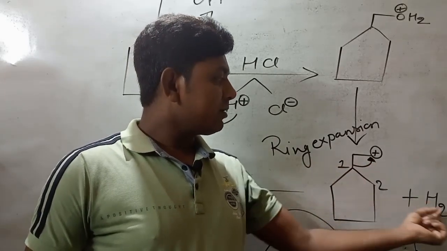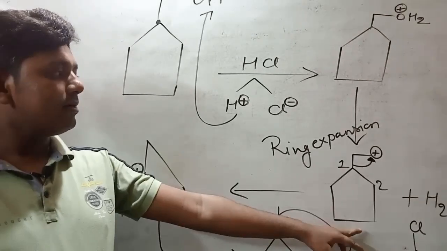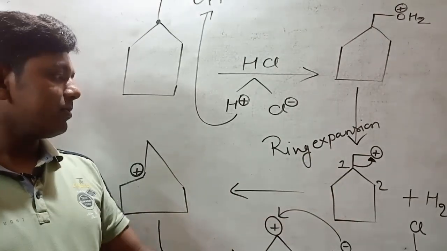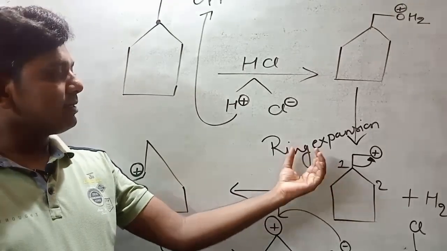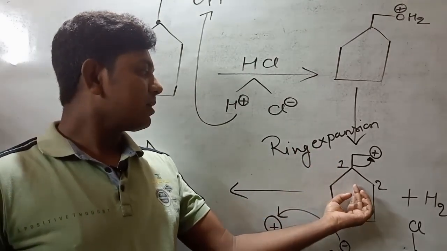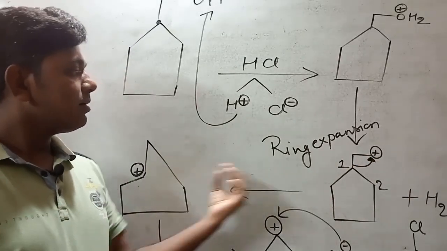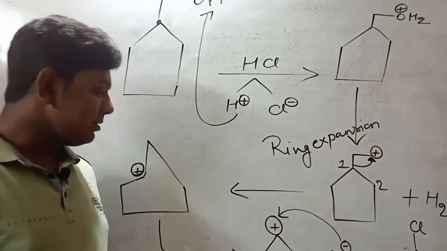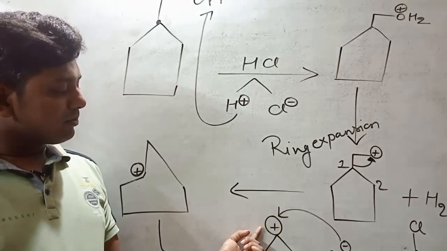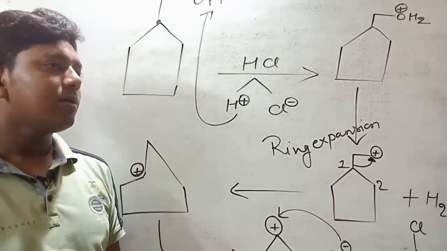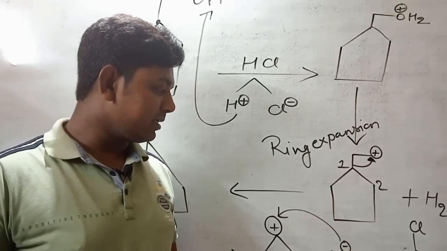After the removal of the water molecule, a 1 degree carbocation is formed. The 1 degree carbocation tries to convert into a more stable carbocation. Here the 5-membered ring, after ring expansion, converts into a 6-membered ring, because a 2 degree carbocation is formed. 1 degree is less stable compared to 2 degree.